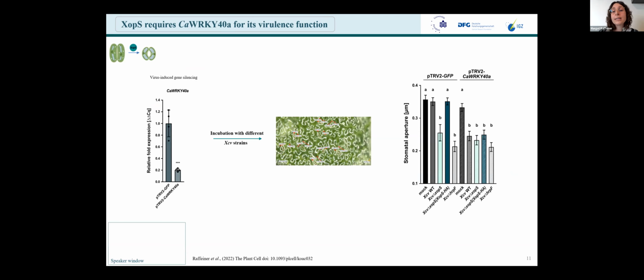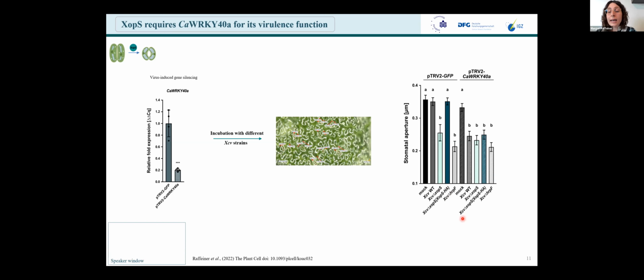So let me just lead you through this figure. What you can see here at the left side of the figure are the control plants. In control plants, we have again the same scenario as I have already shown you before, where plants are able to close their stomata only when they were incubated on a bacterial suspension that lacks the XOP-S effector protein.